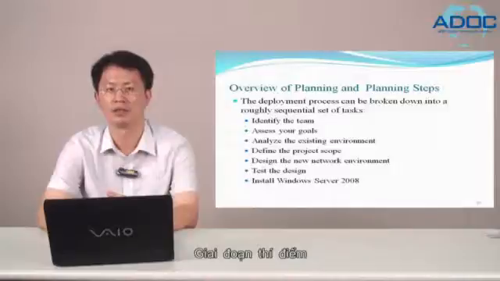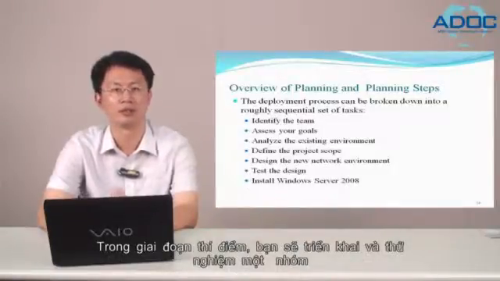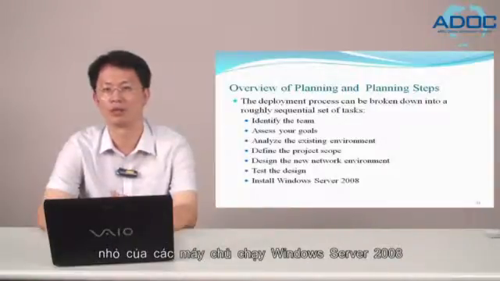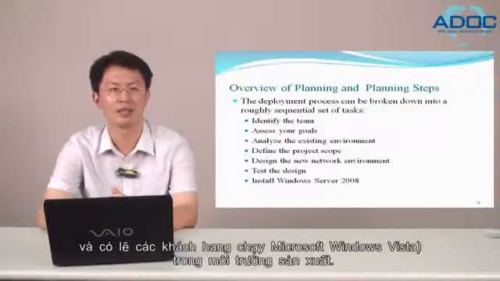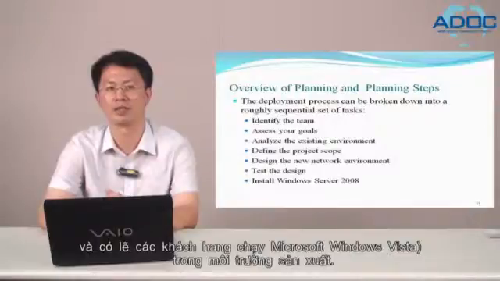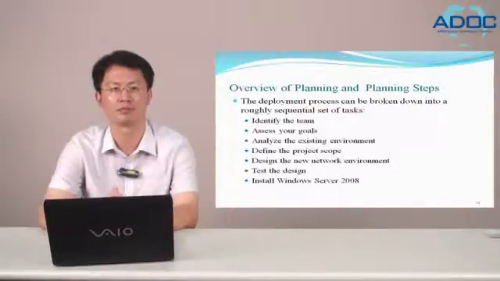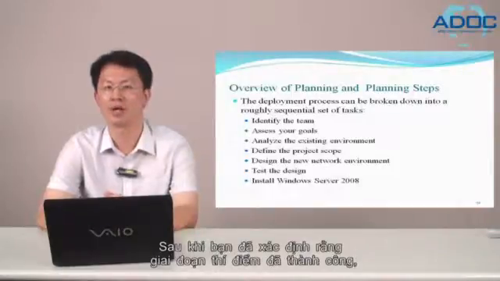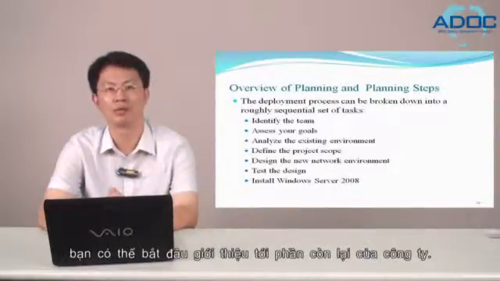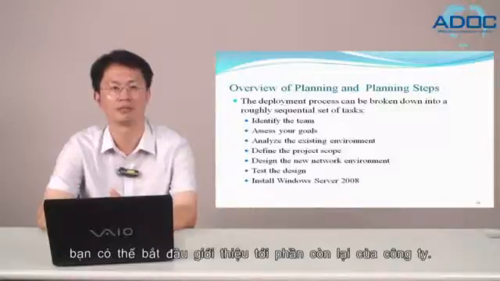Pilot phase. During the pilot phase, you will deploy and test a small group of servers running Windows Server 2008, and perhaps clients running Microsoft Windows Vista, in the production environment. And rollout. After you have determined that the pilot phase was a success, you can begin the rollout to the rest of the company.